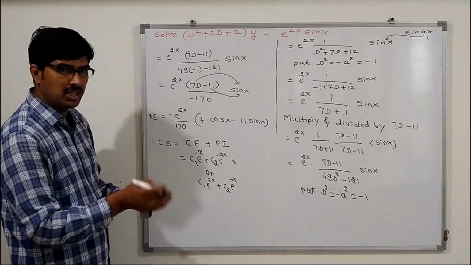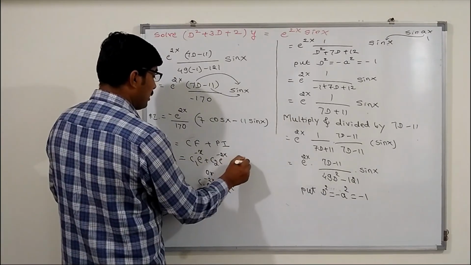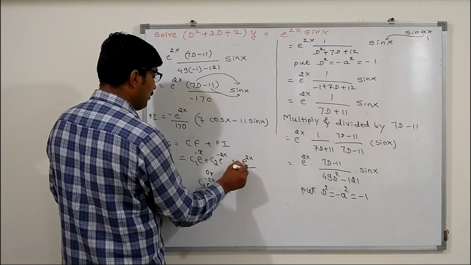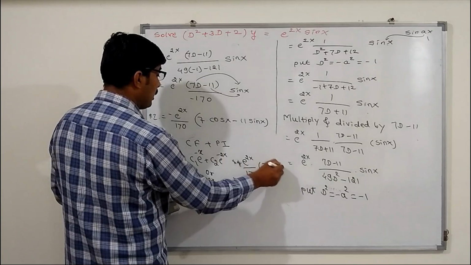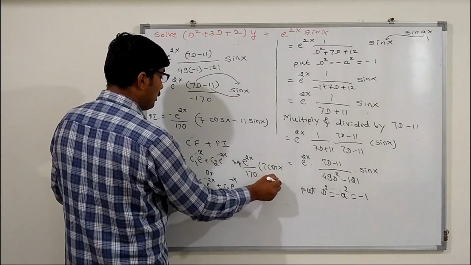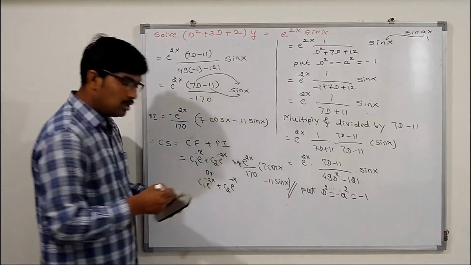So the constants you can change, okay. Plus the particular integral, which is minus e raised to 2x divided by 170 into 7 cos x minus 11 sin x. So this is the required solution.